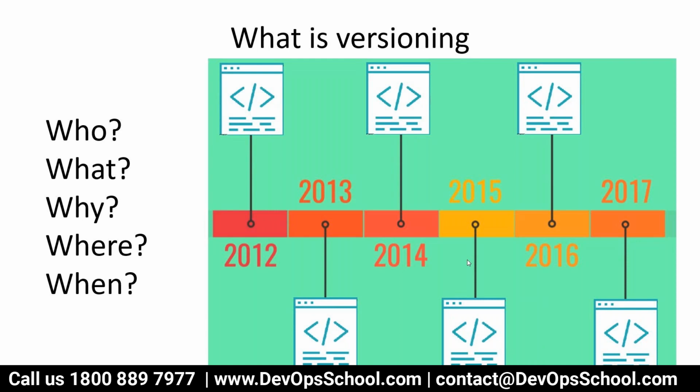So we want to track that code over the period of time, the history in terms of who has modified the code, what modification was done, why it was done, where exactly the code has been added, and when it was added. All this fundamental knowledge we want to have on the common code base. The concept for tracking these is called versioning.